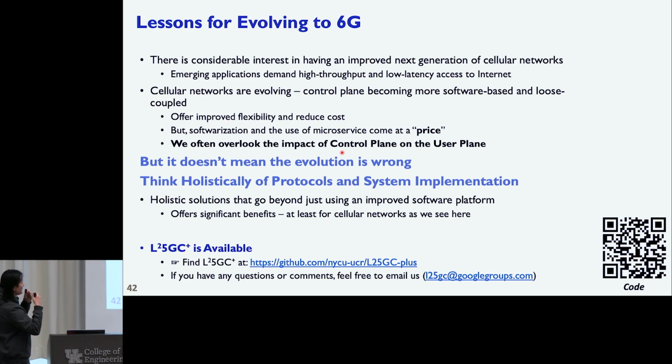Of course not. Instead, we need to think holistically about the protocol and system implementations, going beyond just using improved software platforms. By doing this, we can still benefit from softwarization for its flexibility, but also reduce the penalties of using these different optimizations.